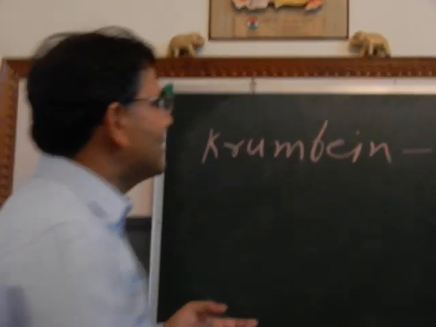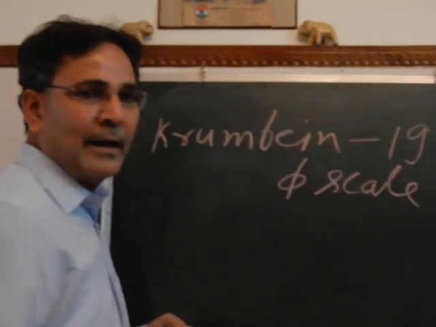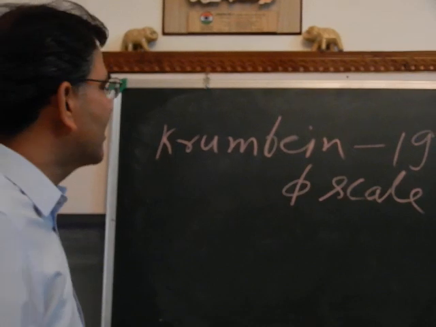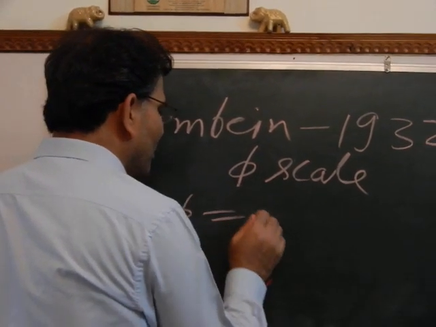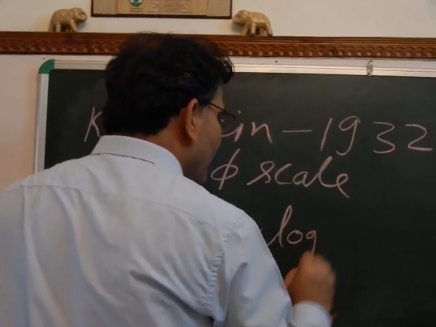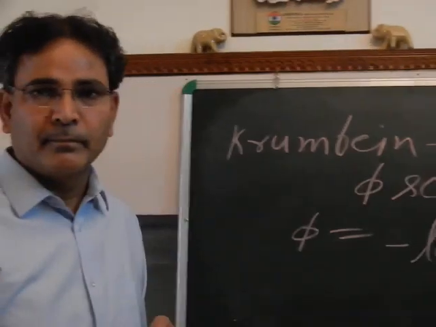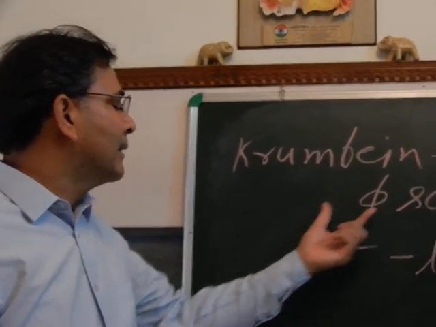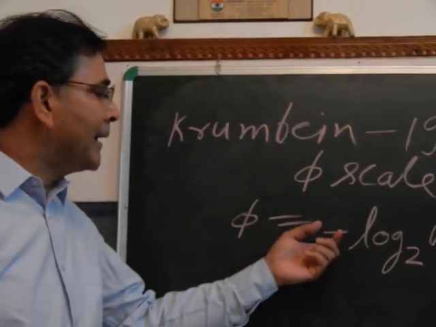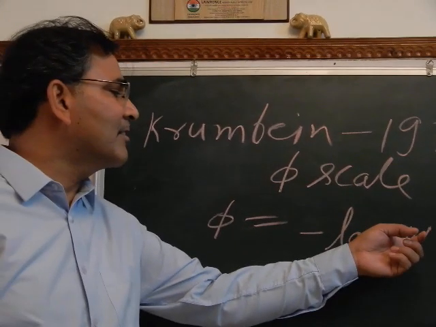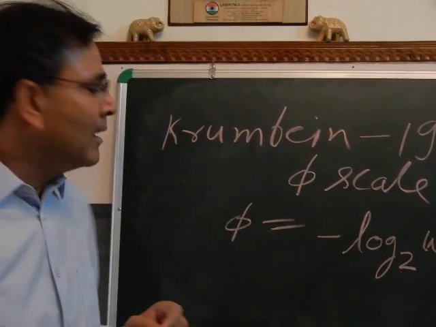The Krumbein scale is the phi scale. According to this, the size of the sediment in phi is equal to the negative logarithm of the Wentworth scale, or millimeter scale, at base 2.